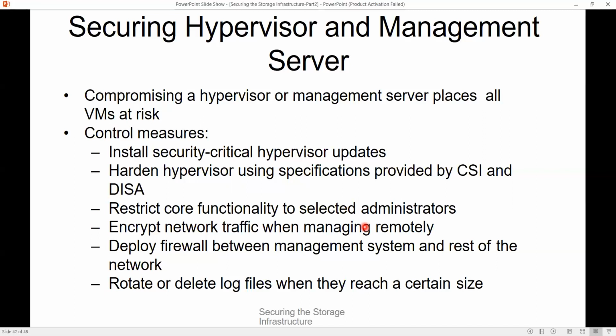Deploy a firewall. All of you know what a firewall is. Next is to rotate or delete log files when they reach a certain size, because log files contain information about all the actions that are being performed in any organization. So either rotate them, delete them, change the location of those files, or save them at a secure place.